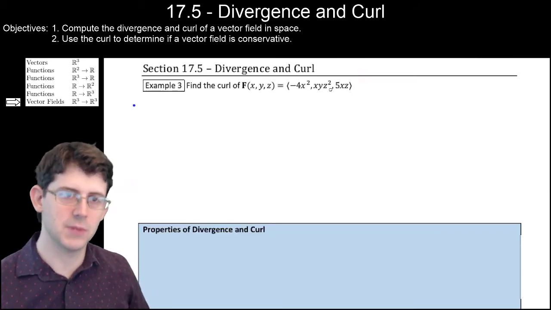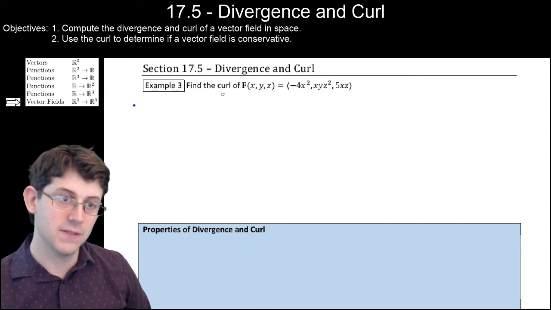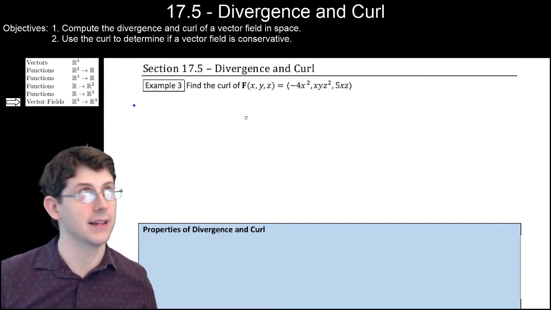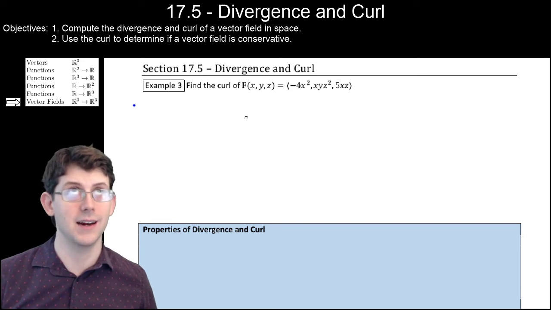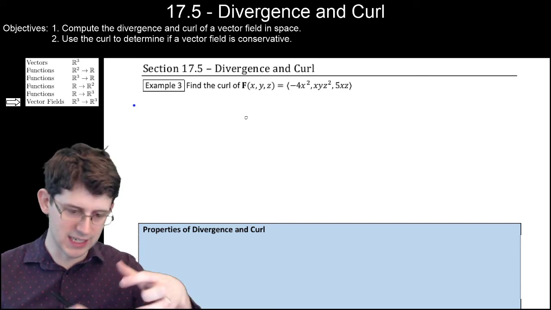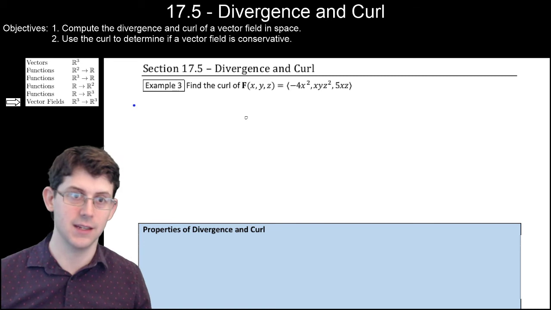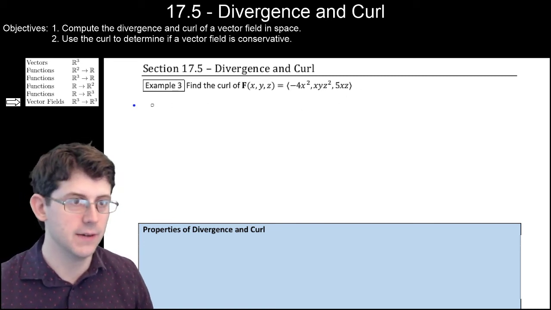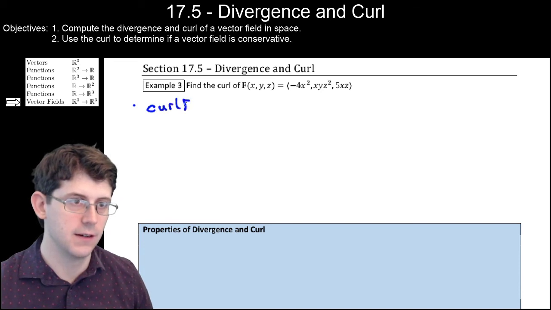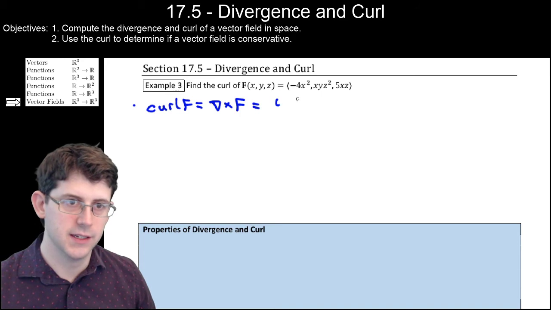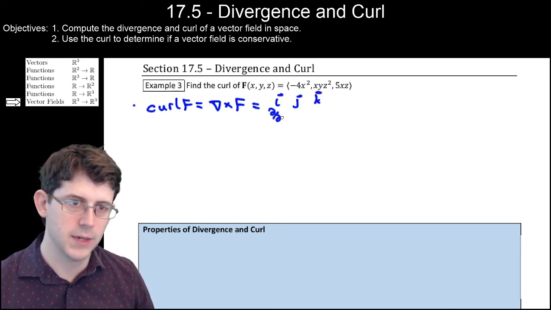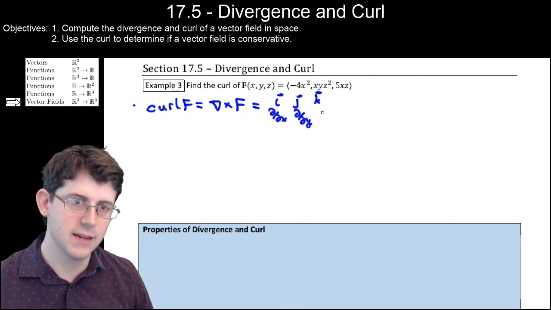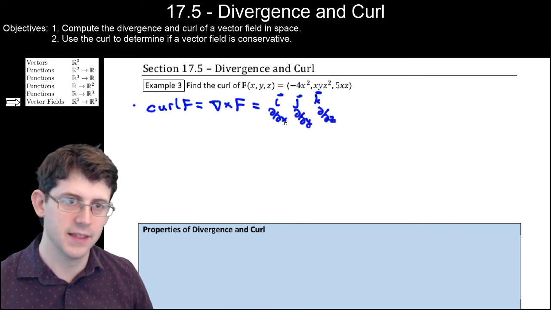So let's actually find some curl. Here's a vector field. When you're finding the curl, you're asking, is there any rotation? Is there any spinning of the vector field at each point? So let's see. Curl F is del cross F, which is i, j, k, partial x, partial y, partial z, and then the vector field.